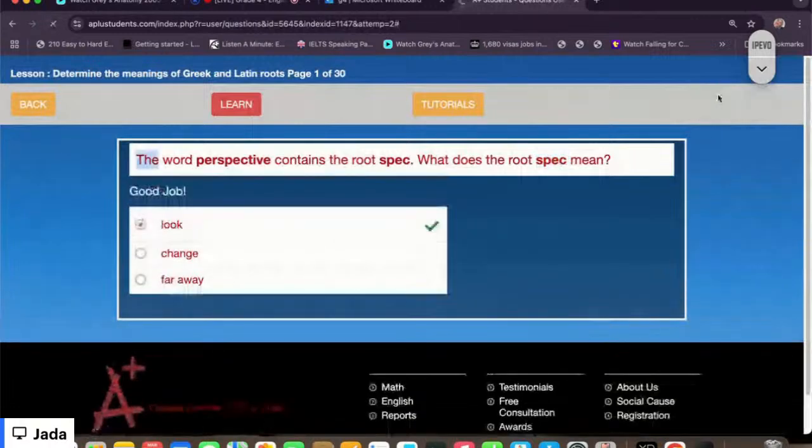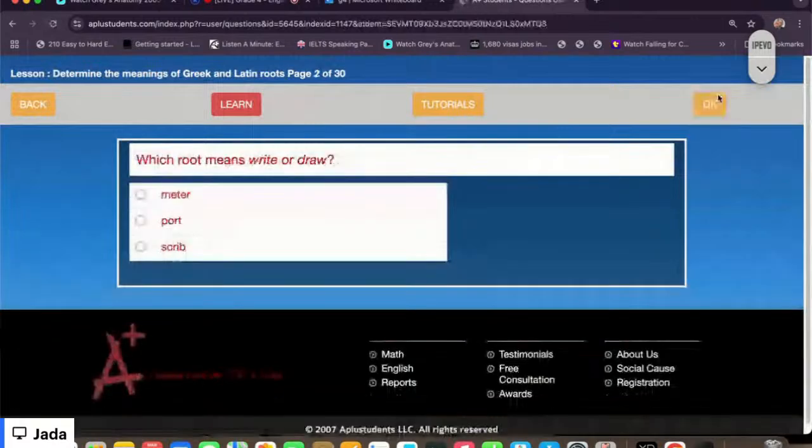Alright, so we have the next one. Which root means write or draw? Is it scrib, pot, or meter? Which of them?